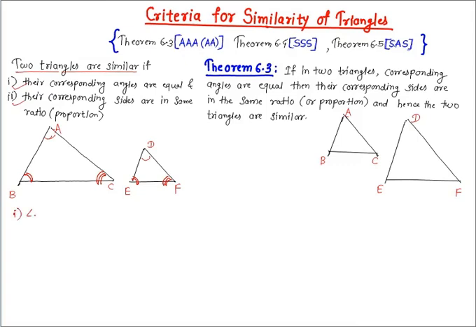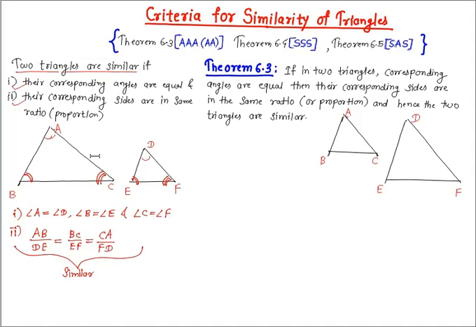And the second condition is corresponding sides are in the same ratio or proportion. That is, if AB by DE is equal to BC by EF is equal to CA by FD. If these two conditions are satisfied, then the two triangles are similar.